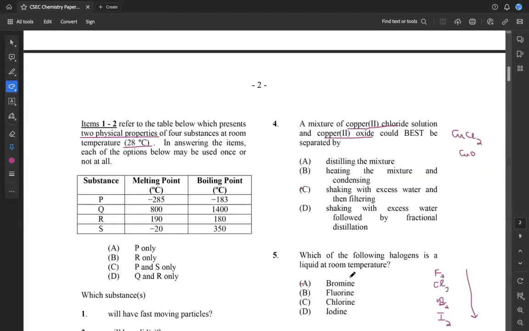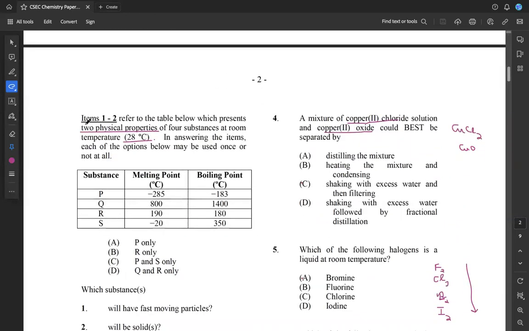So here are questions 1 to 2. Items 1 to 2 refer to the table below, which presents 2 physical properties of 4 substances at room temperature. In answering the items, each of the options below may be used once or not at all.